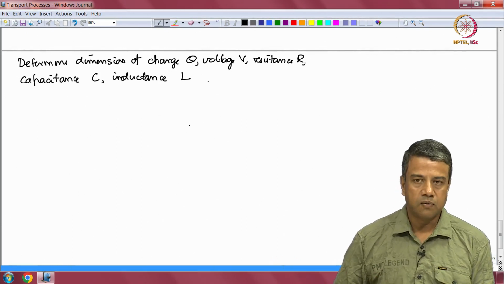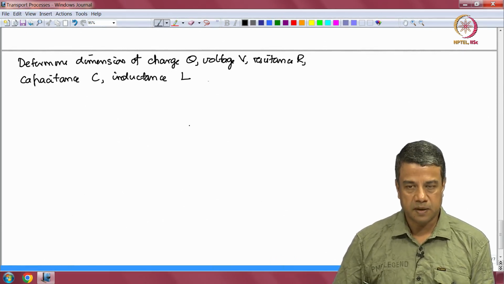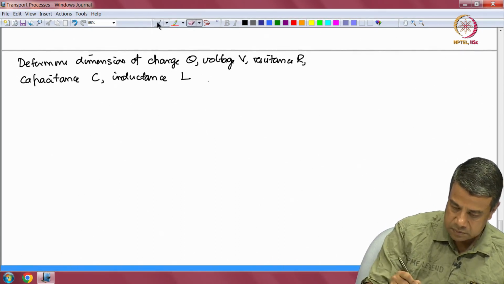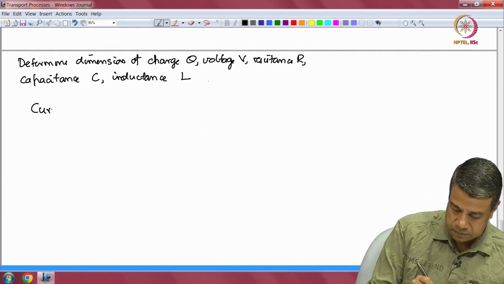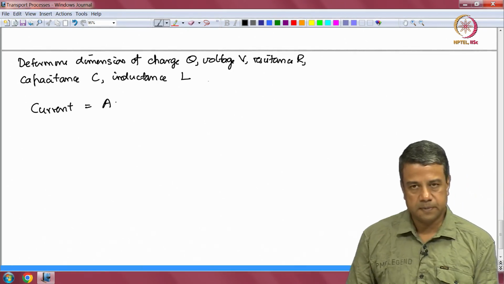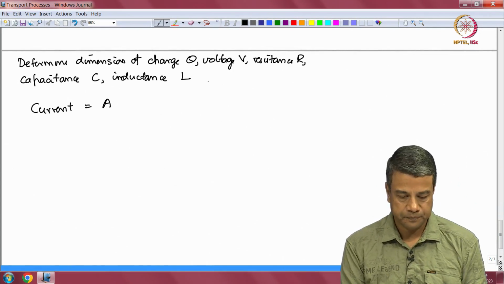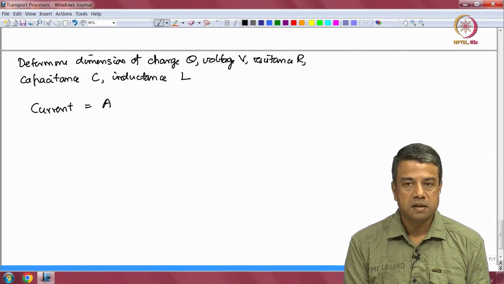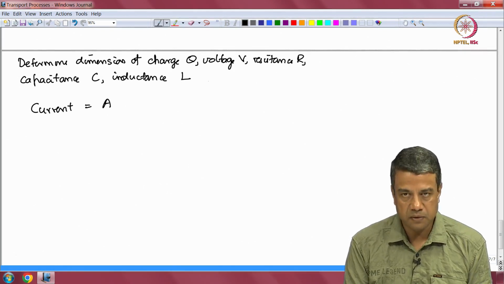What we do know is the fundamental dimension, current, is ampere. Current is charge transported per unit time.